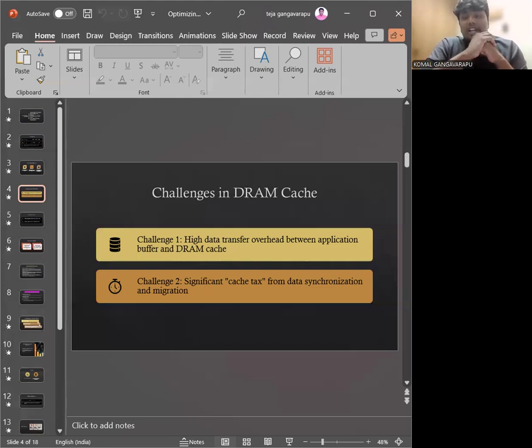Additionally, the migration of data between the DRAM cache and persistent memory to maintain optimal cache utilization adds another layer of complexity and overhead.